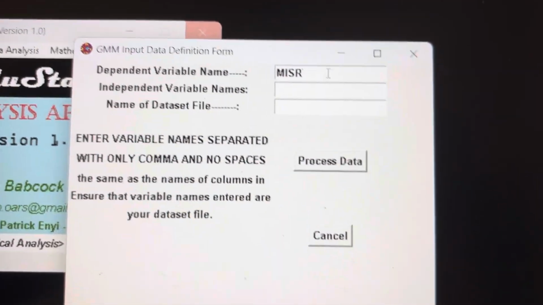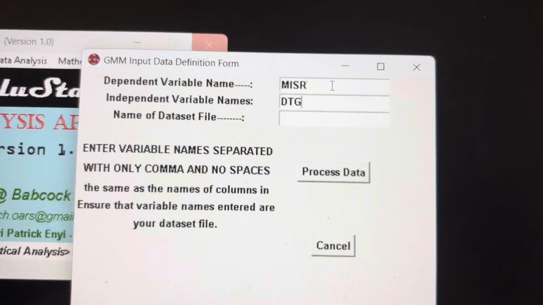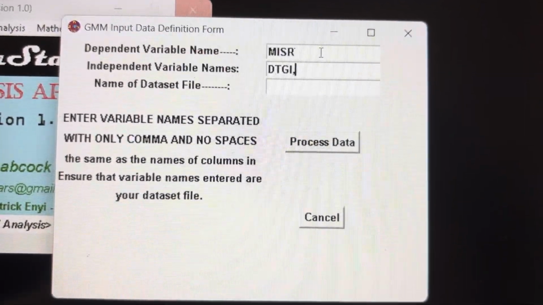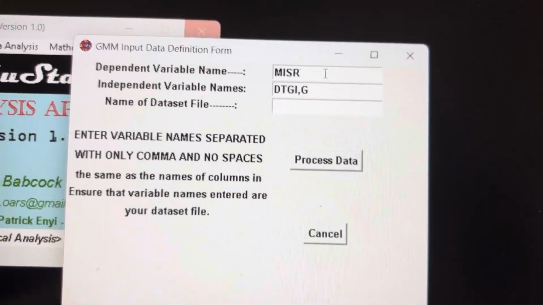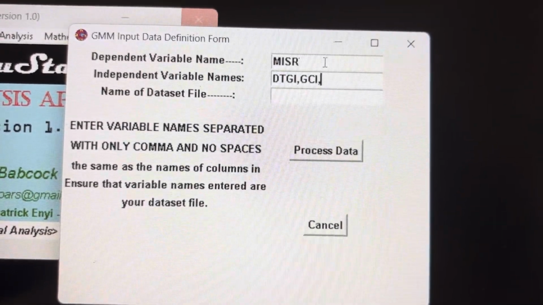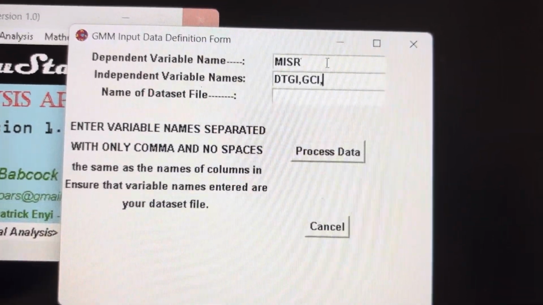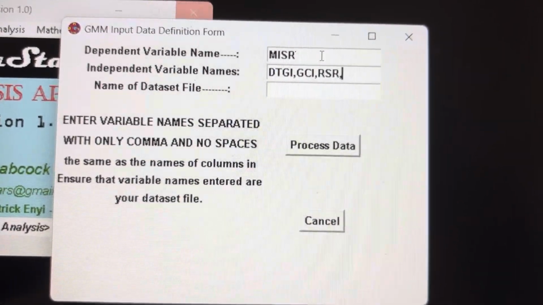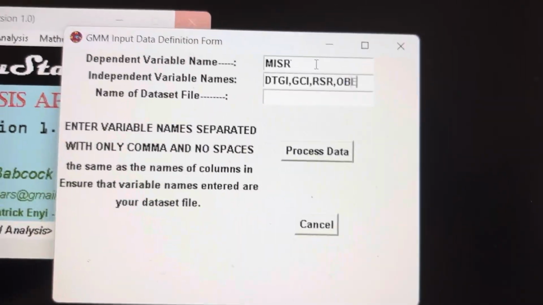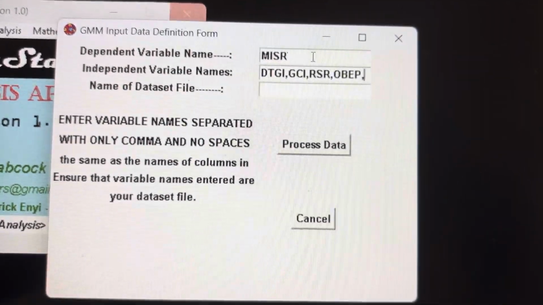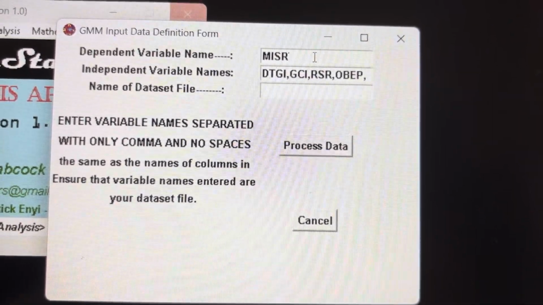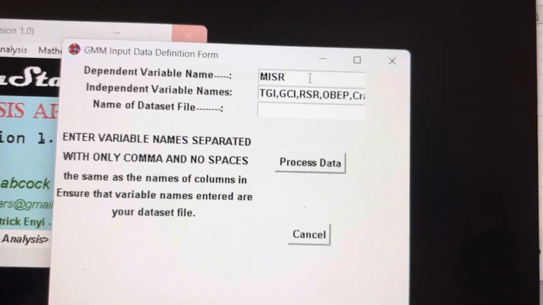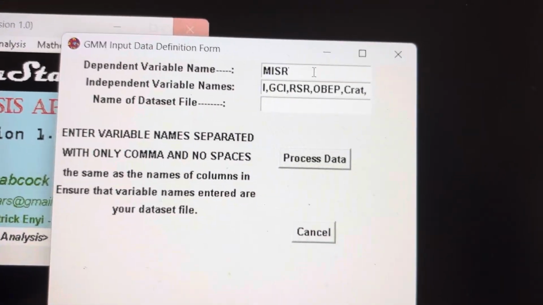We have, I think, DTGI, comma, no space, GCI, comma, no space, RSR, comma, no space, OBEP, comma, no space. Then we have CRAT, comma, and no space.